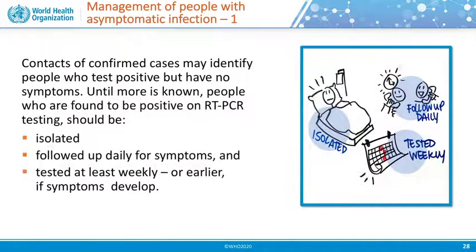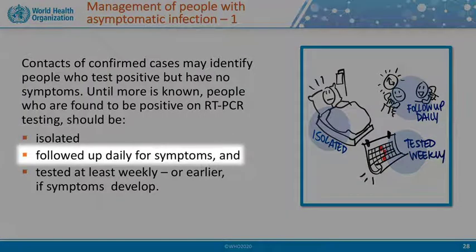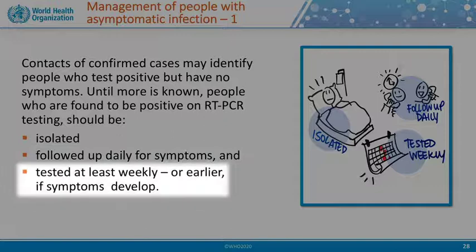So now we move on to the management of people with asymptomatic infections. Contacts of confirmed cases may identify people who test positive but have no symptoms. Until more is known, people who are found to be positive on RT-PCR testing should be isolated, followed up daily for symptoms, and tested at least weekly or earlier if symptoms develop.